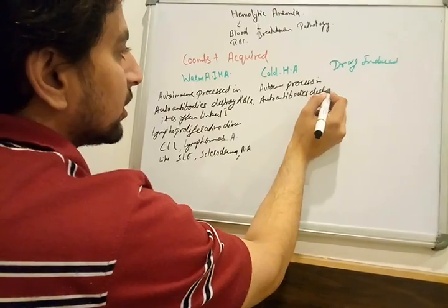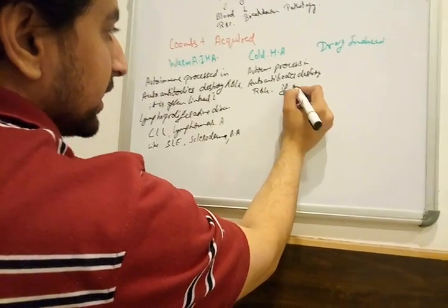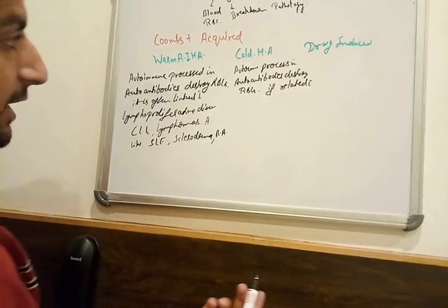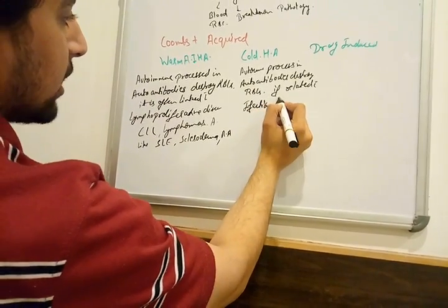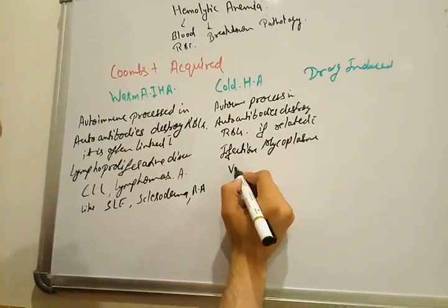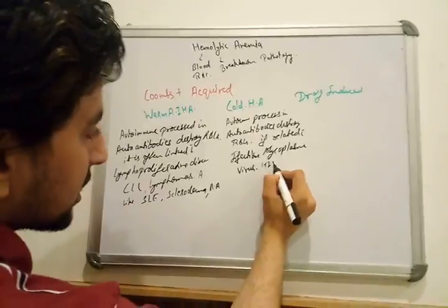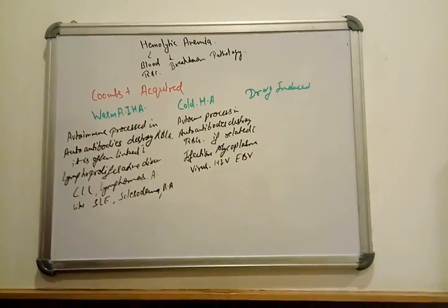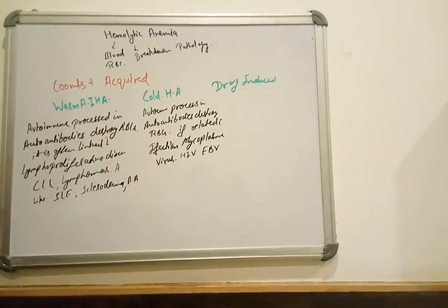It is related to infections like mycoplasma, and viruses that cause cold autoimmune hemolytic anemia, like HIV and Epstein-Barr virus, which is also known as mononucleosis, and it causes early destruction of RBCs.